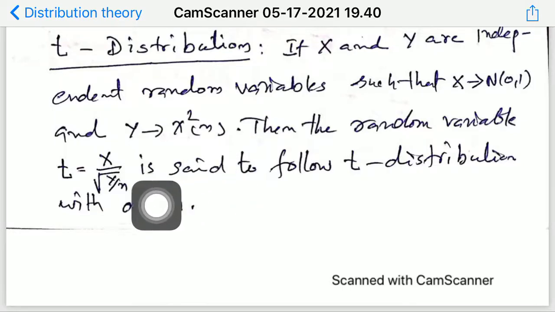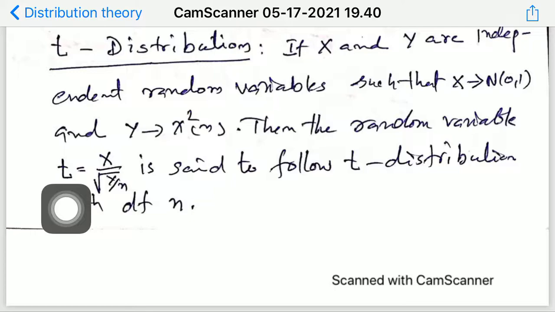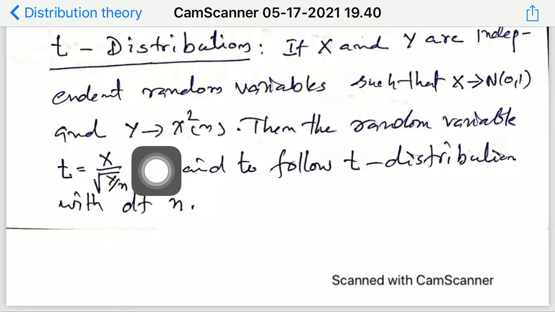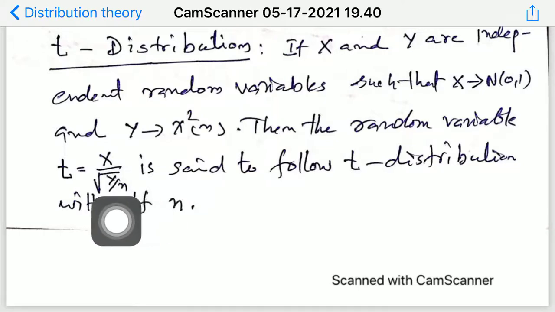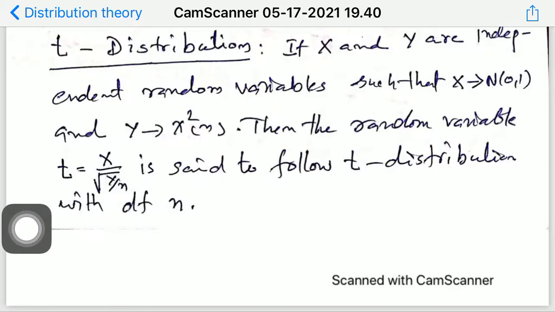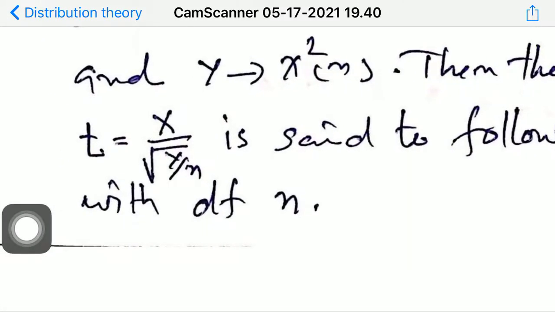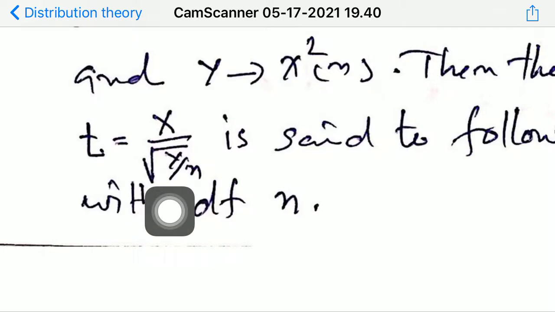So the new random variable is actually a ratio of a standard normal variable to the square root of a chi-square variable divided by its degrees of freedom. It is t equal to x by root of y by root n.